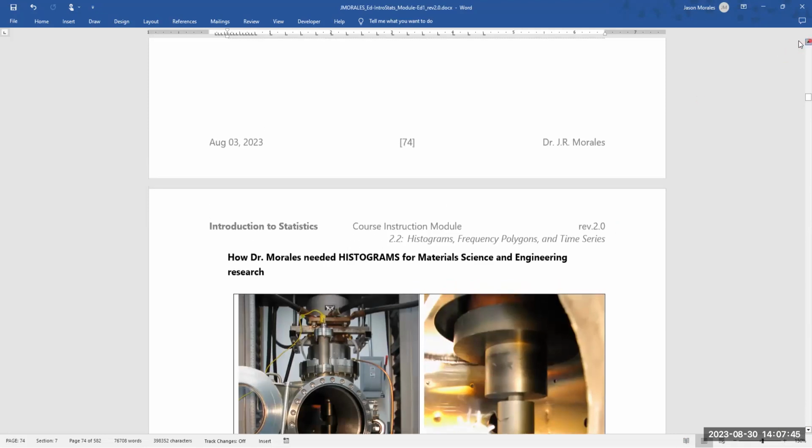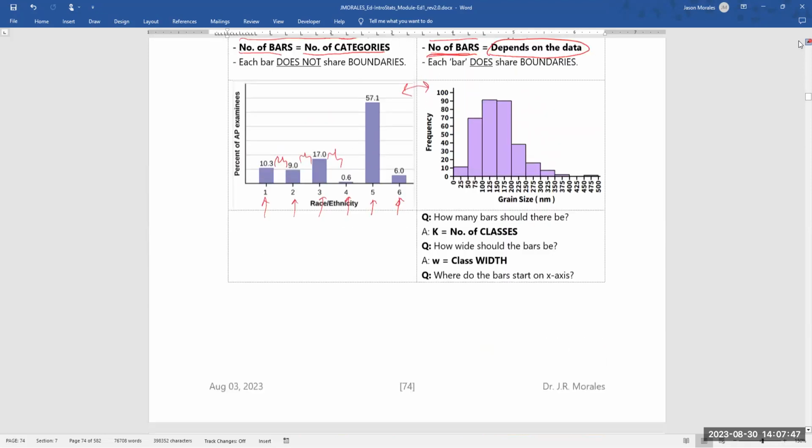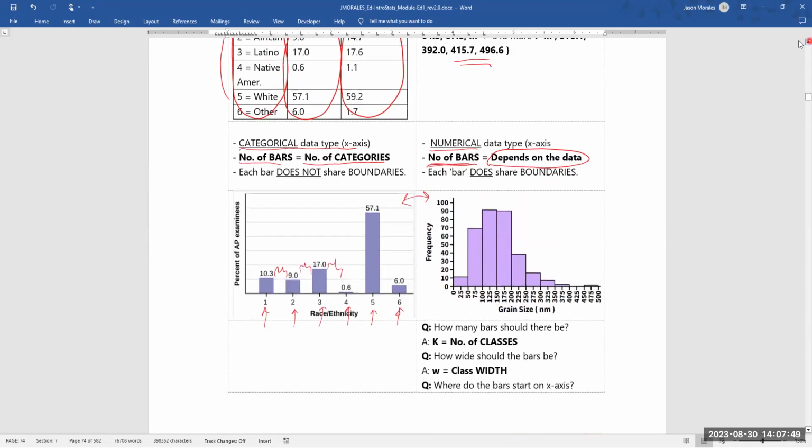Let's go back up. And notice also in a histogram that each bar does share boundaries. There isn't a gap between each of these bars.